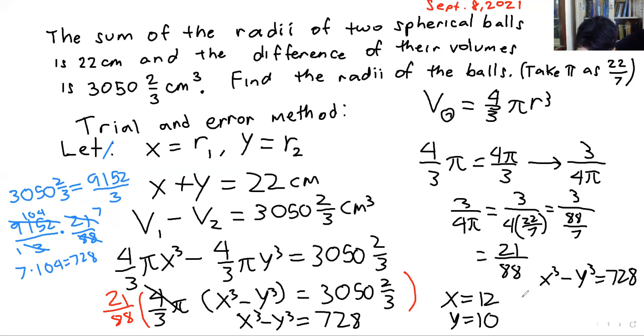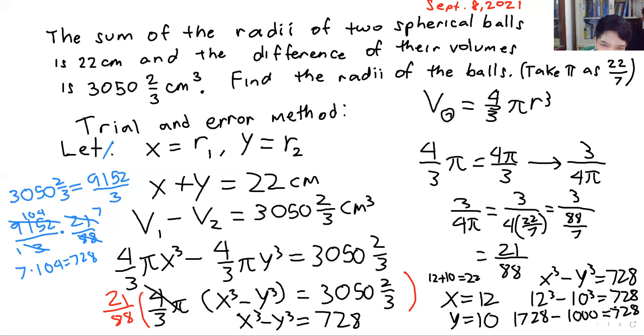Substitute: 12 cubed minus 10 cubed equals 728. 12 cubed is 1728 minus 1000. Yes, that is 728. And their sum is 12 plus 10, which is also 22. So this is obviously correct.